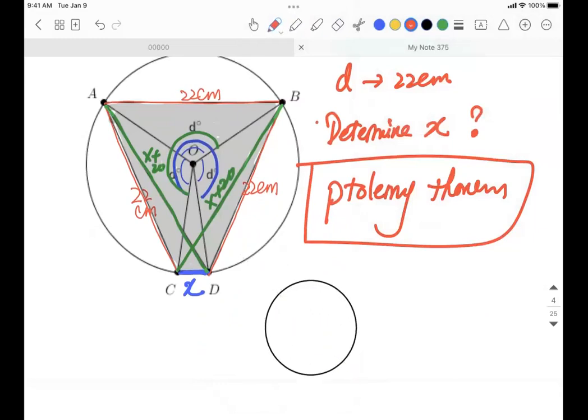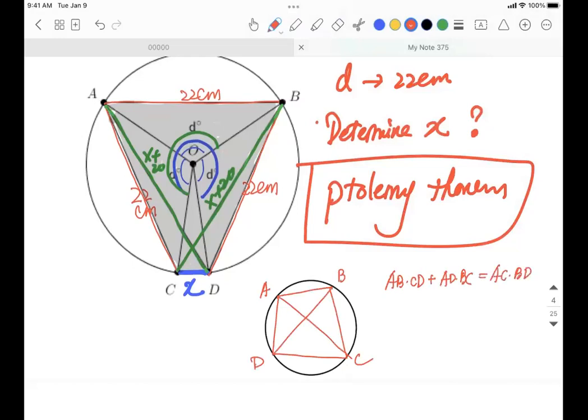As long as you have an inscribed quadrilateral, in any inscribed quadrilateral, you have such a relationship: AB times CD plus AD times BC equals AC times BD.